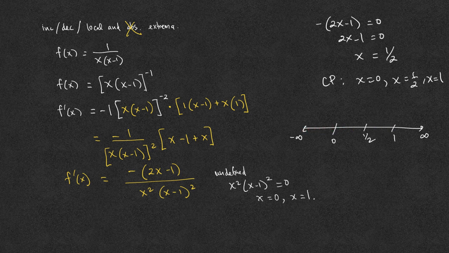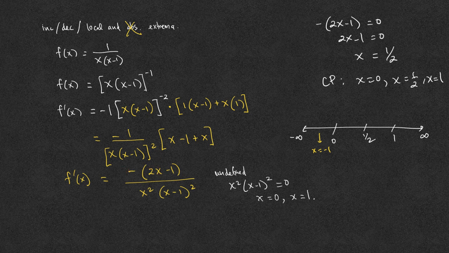For the first subinterval, we can pick any number, x equals -1 for example. We plug -1 into f prime of x. We have negative of 2 times -1. 2 times -1 is -2. -2 minus 1 is -3, and there's a negative in front, so the numerator is positive.